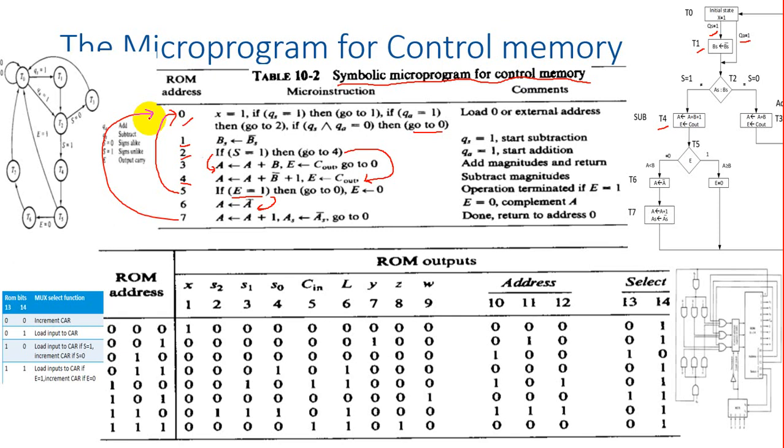Now, these are the states T0, T1, T2, T3, T4, T5, T6, T7, 0 to 7. This is the control word. This entire table we have just designed in our last slide. This is the control word that will perform the required operation at that T state.